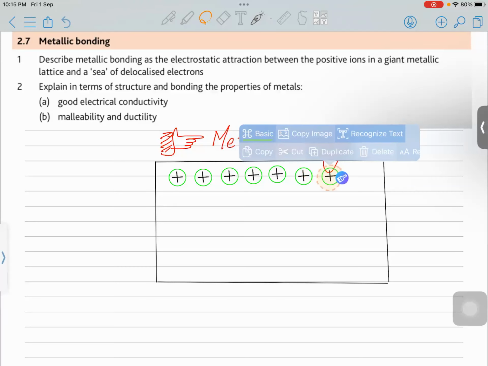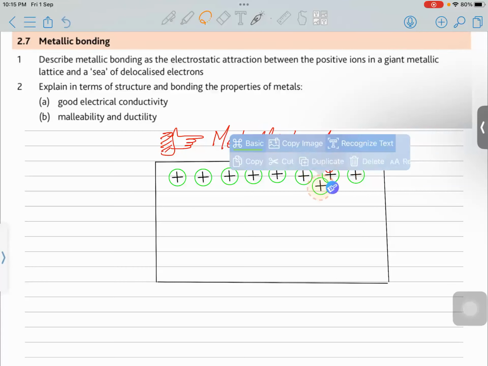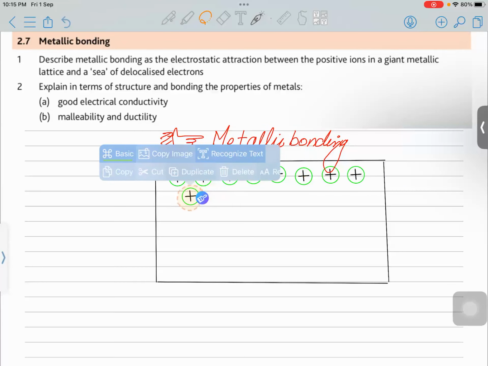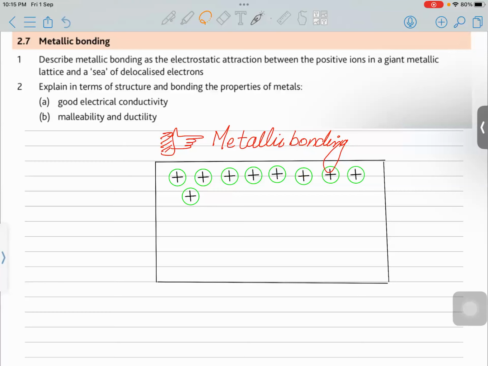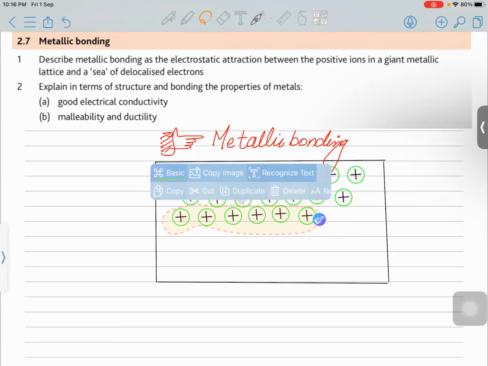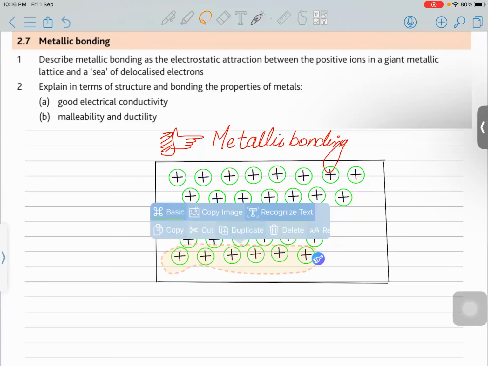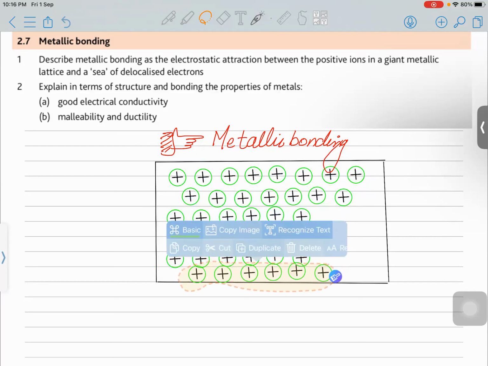This is the layer of metals, right? This is metal. Yes, sir. All are metals. This is a metal layer.